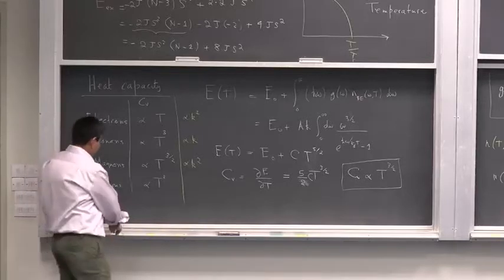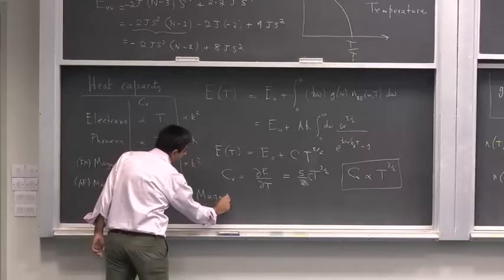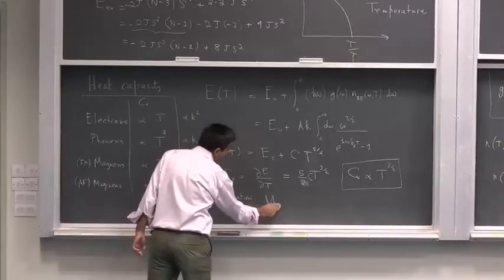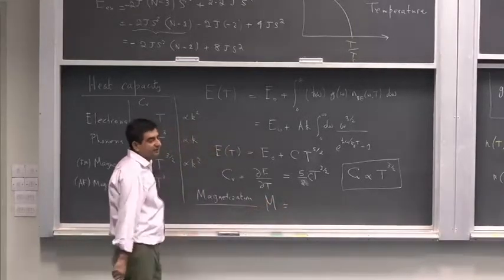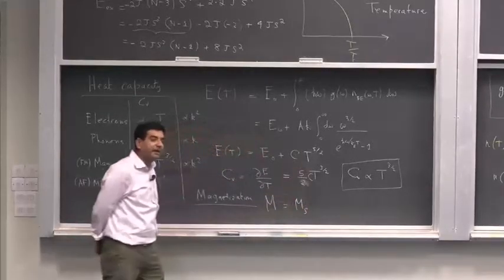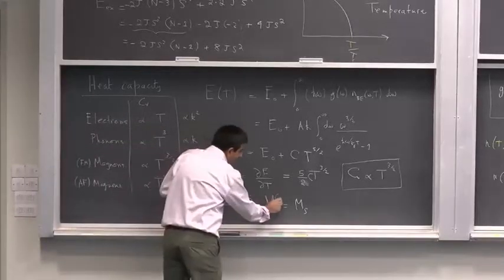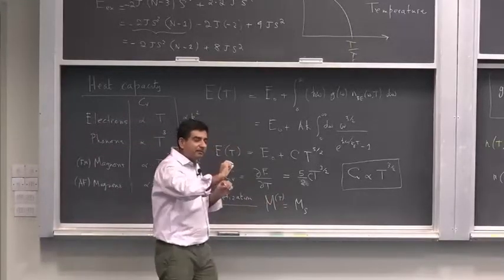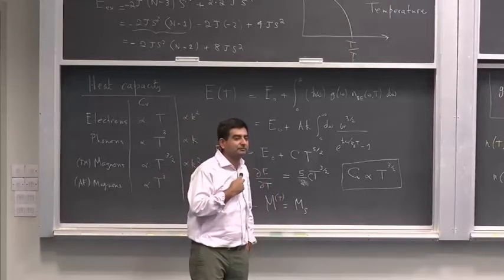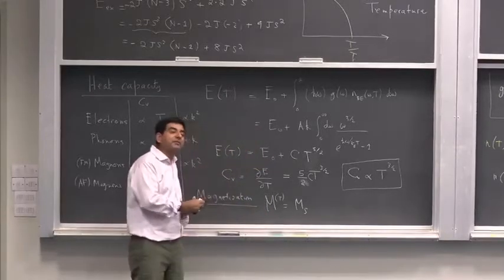So the last thing that you would like to do on your own is a simple argument about the magnetization. The magnetization is affected by the spin waves. If you had no spin waves and the magnetization was M_s, in the presence of the excitation of magnons at a certain temperature, which is small, you are taking out angular momentum from the system.